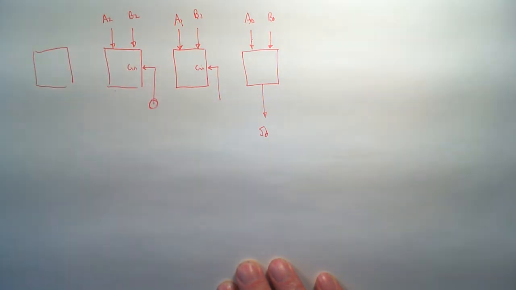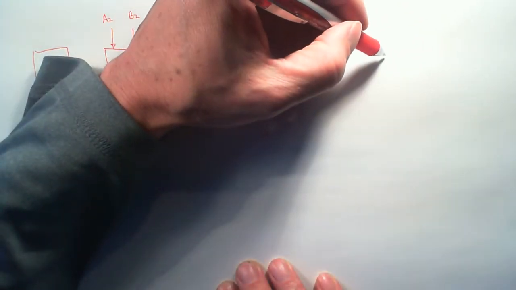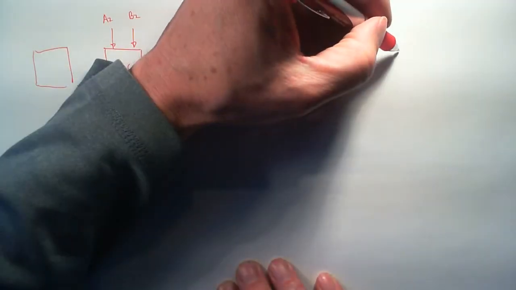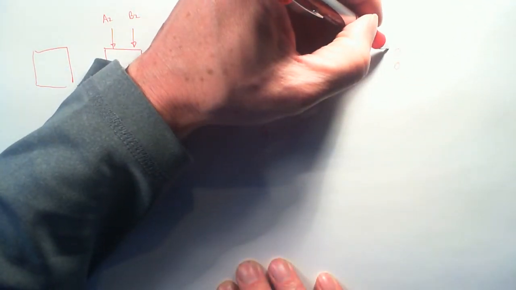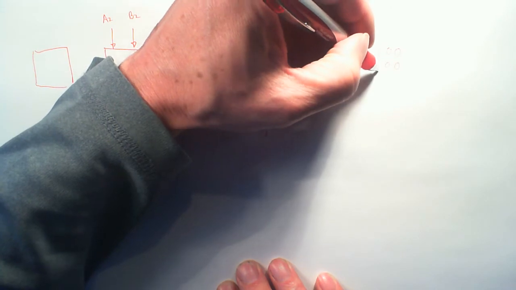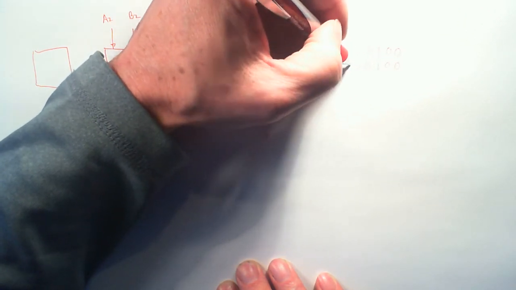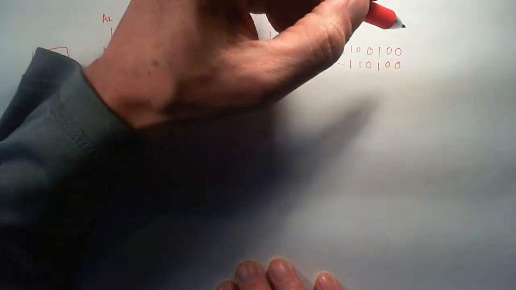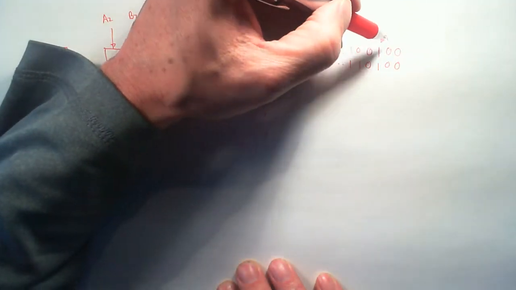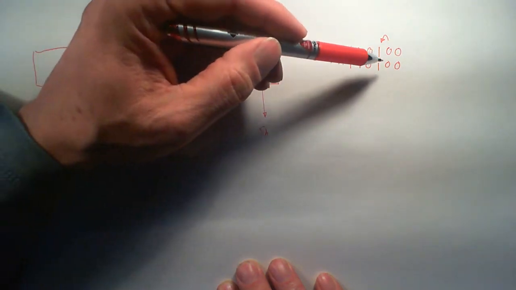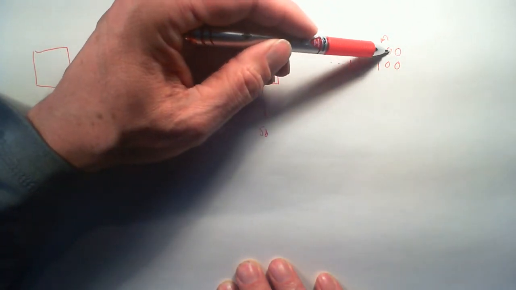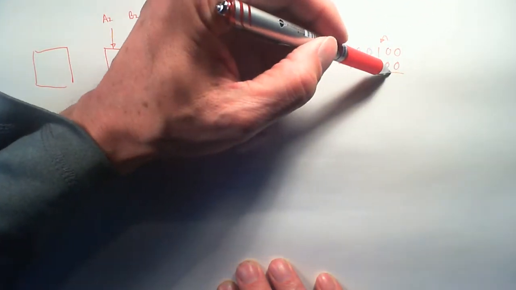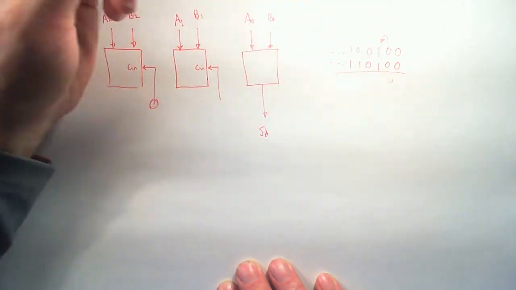If you did a couple of examples here, for instance, A2 and B2, if I had these two numbers, it doesn't matter what the other bits are, and I'm looking at the carry into this stage right here. I know in this example, adding a 0 and a 0 is going to give me a 0 with a carry out of 0.